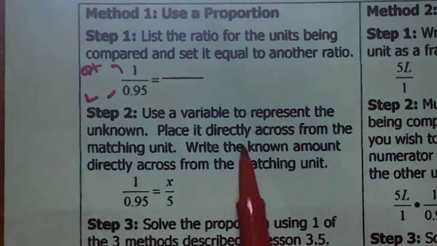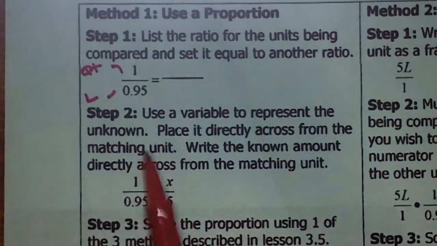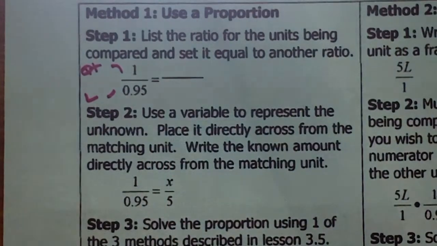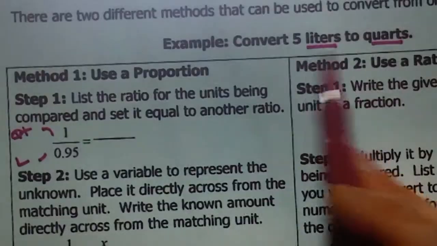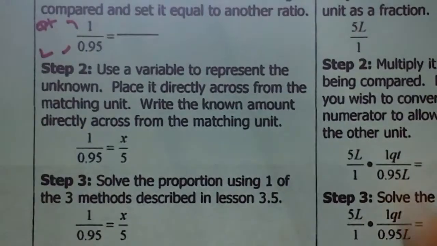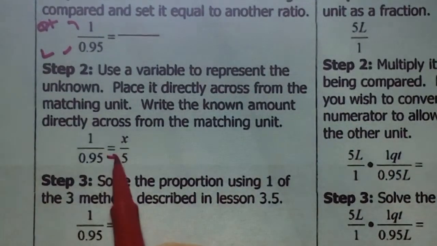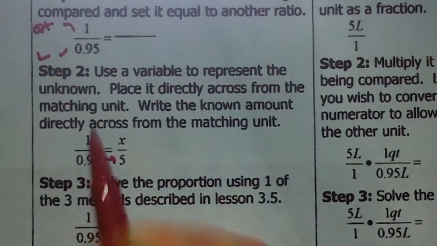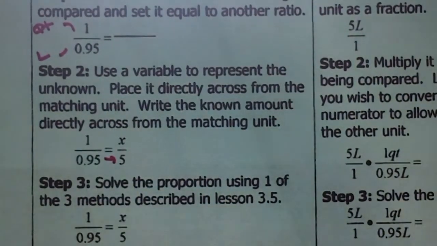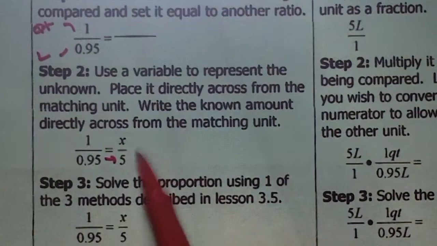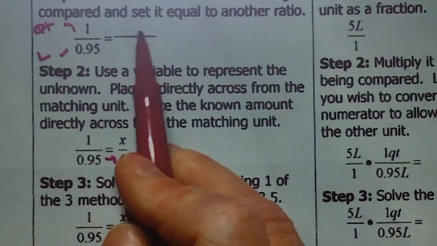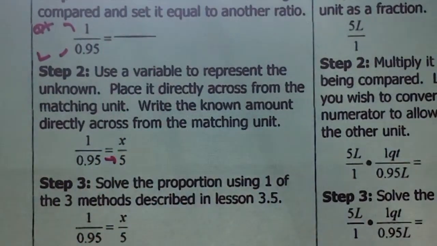Next, use a variable to represent the unknown and place it across from the matching unit. To convert 5 liters into quarts, the 5 goes across from 0.95 because 0.95 represents the liters. We don't know how many quarts, so we place a variable across from the quarts.